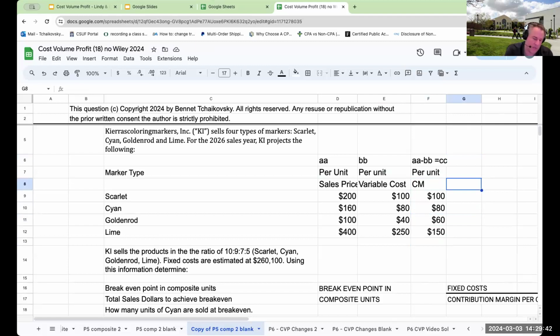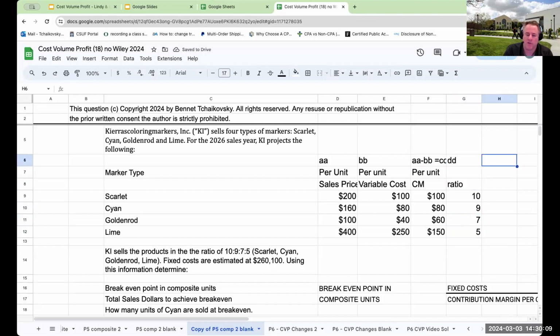However, these products are not being sold in the same order. It's not 1 to 1 to 1, it's 10 to 9 to 7 to 5. So I'm going to need to take the ratio: for every 10 of Scarlet I'm selling 9 of Cyan, 7 of Goldenrod, and 5 of Lime.